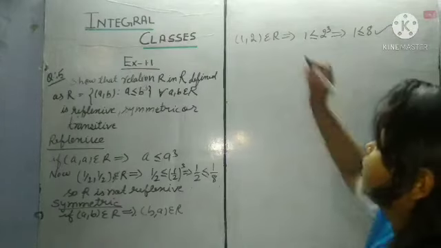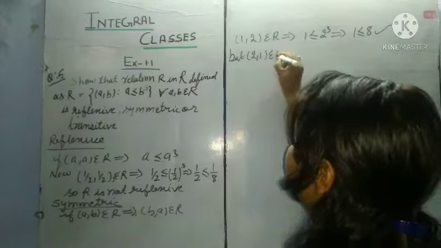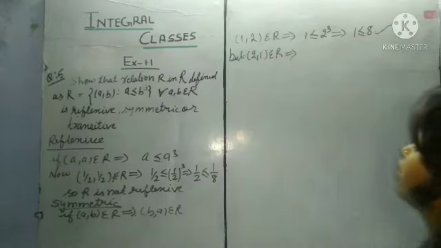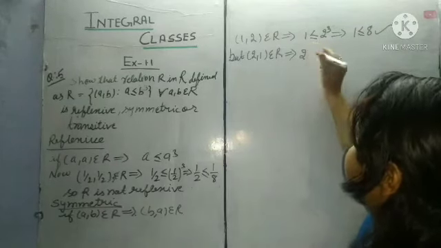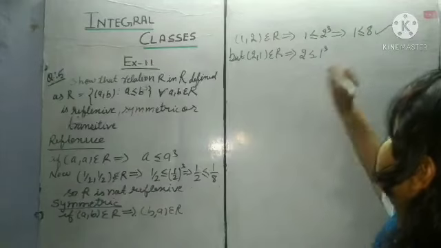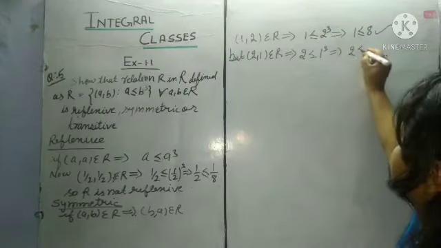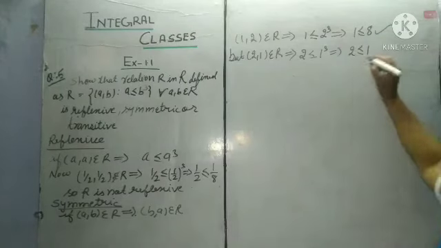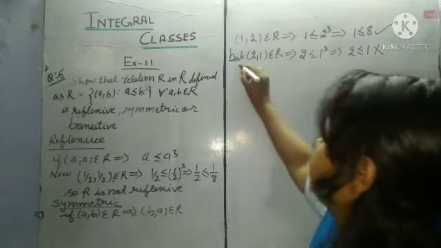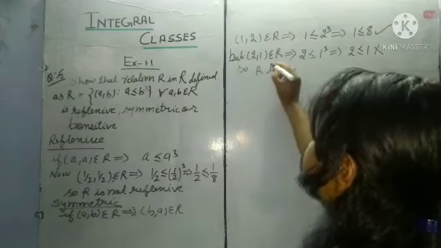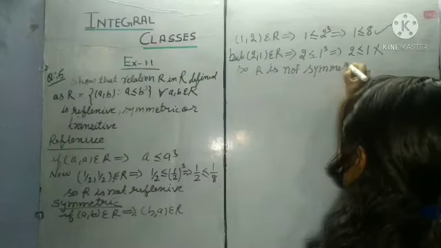So it follows. But if we take (2, 1) belongs to R, we should write 2 is less than or equal to 1 cubed. So 2 is less than or equal to 1, which does not follow. We observe that 2 is greater than 1. So student, R is not symmetric.